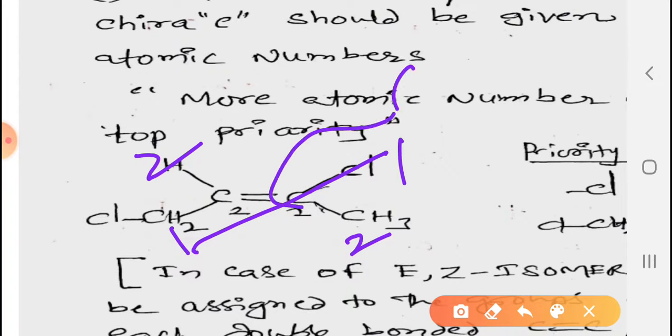And coming to this, in this case carbon is 6, it is only 1. Hence the priority is given like this. It is first priority, it is second priority. It is first priority, it is second priority. These are on opposite sides. Hence it is the E isomer.